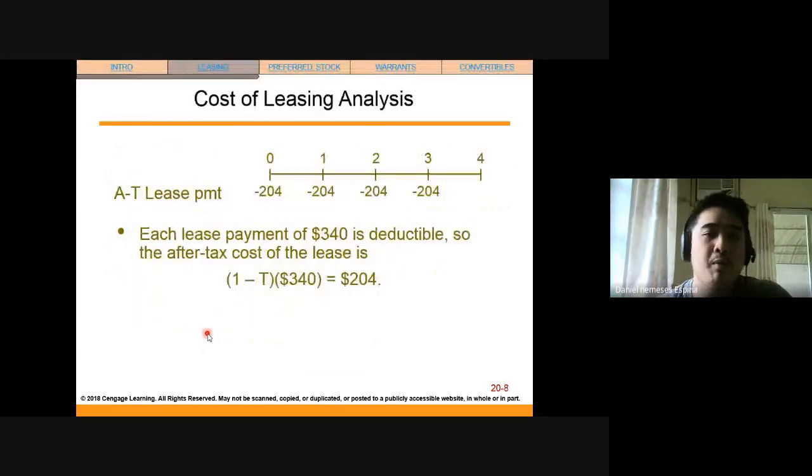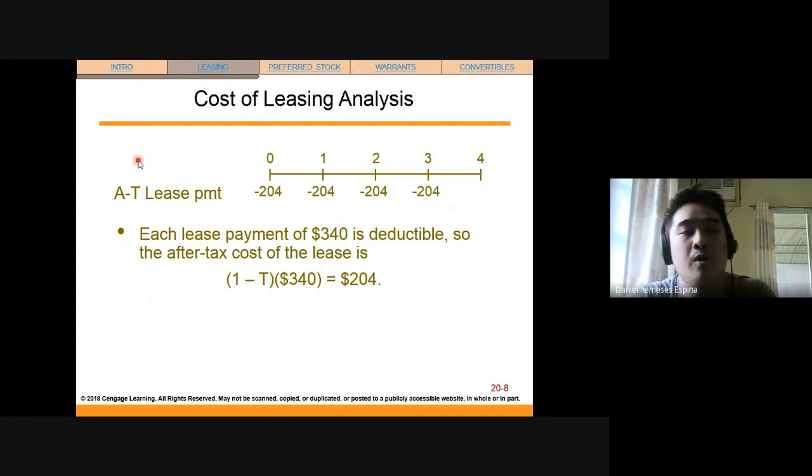So we're done with the computation of the cost of owning the asset. Let's compare it with the cost of leasing. Unlike the cost of owning, the cost of leasing is more straightforward because there are uniform cash flows, right? Consistently there is a uniform cash payment.